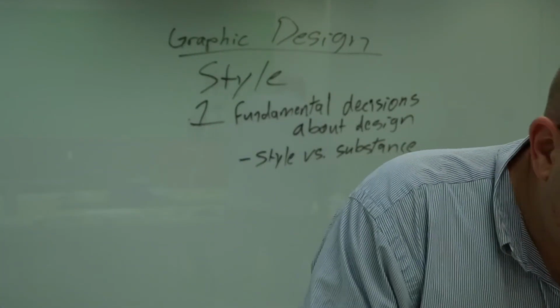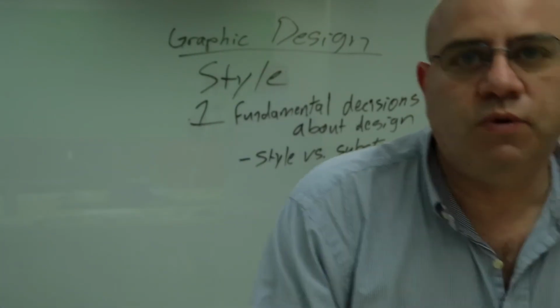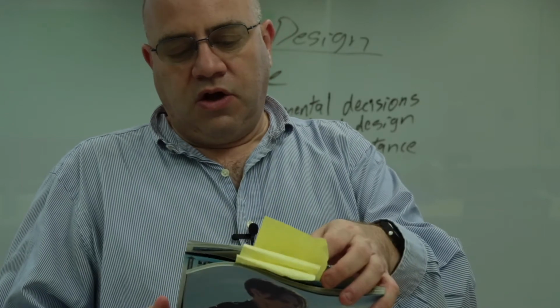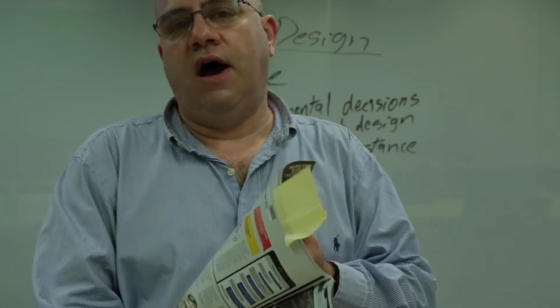Because you see this a lot with graphic design in a lot of the magazine industry going on right now. Like if you look, for example, at GQ magazine, you see them doing a lot of things that are basically cool maybe, or they're done for artistic reasons, but they don't necessarily turn out to be all that clear in terms of what it is they're trying to communicate.